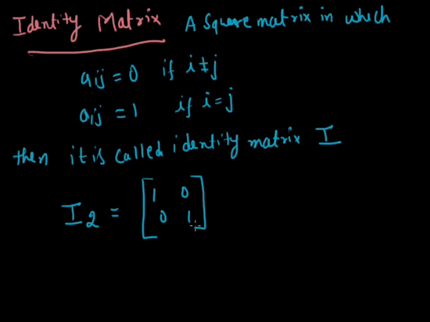This is the identity matrix of order 2 by 2. I3 will be equal to 1 0 0, 0 1 0, and 0 0 1. So this is an identity matrix of order 3, I3. Now these are the types of matrices which we will use in this chapter.